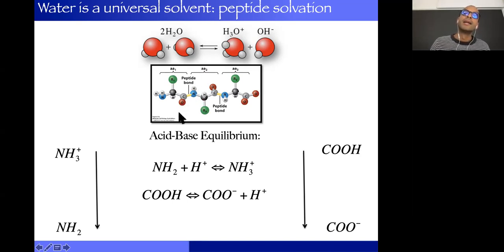Okay, and these NH groups and these CO groups, let's say, in a very hand-waving way for now, have the ability to exchange or have an equilibrium with protons in the bath.